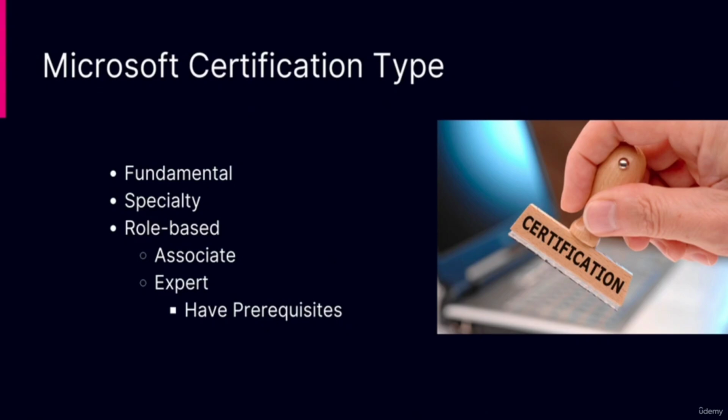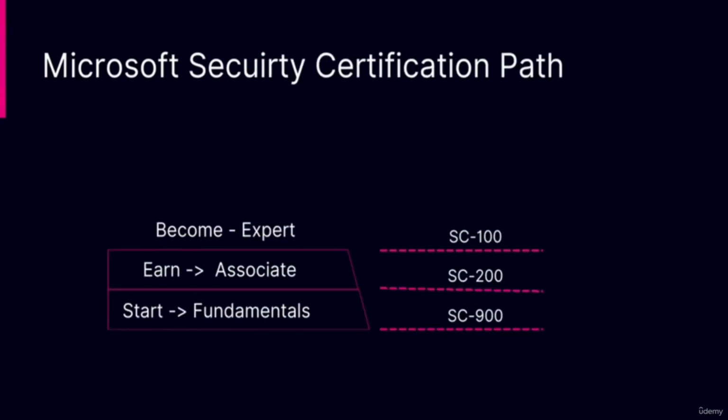And then you have the expert level exam that is the next level. And we will take a look at that. As you can see from the certification path for this particular exam, or rather security related certifications, you can start with the fundamental exam, which is SC-900.